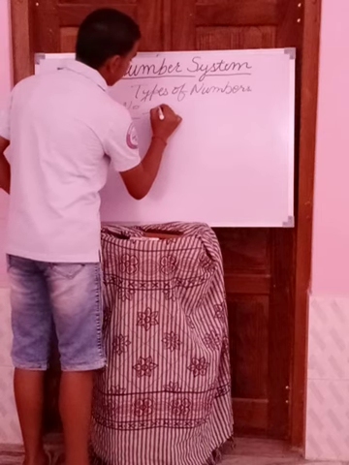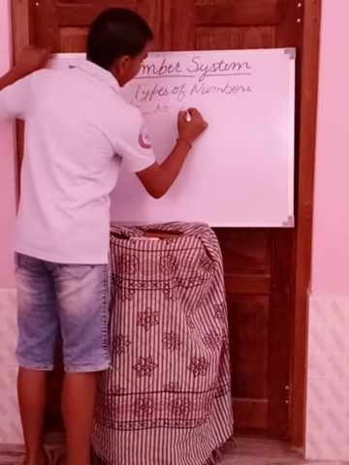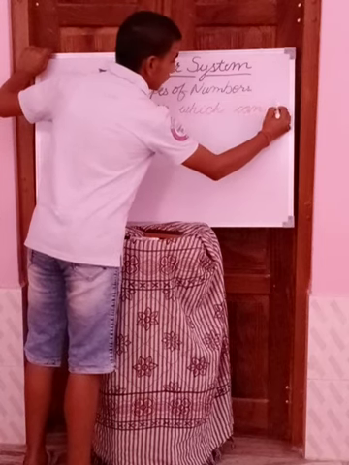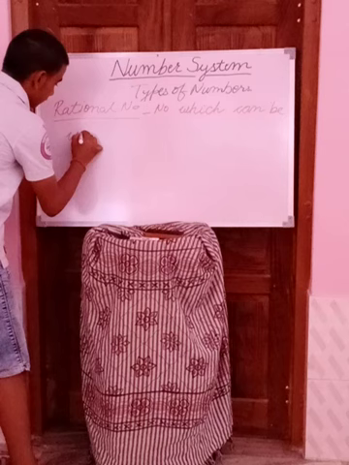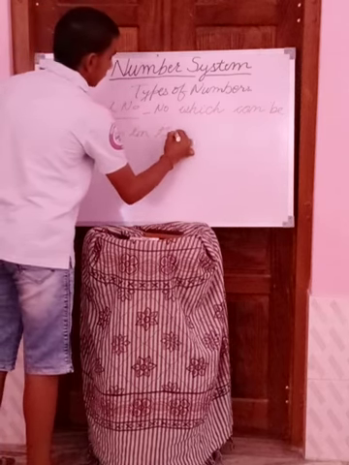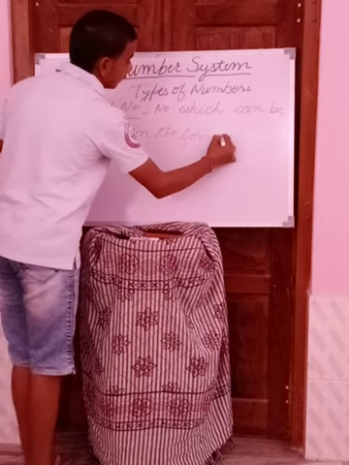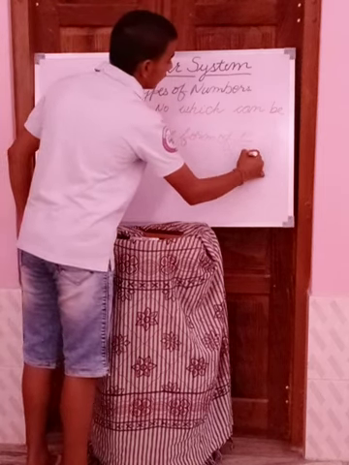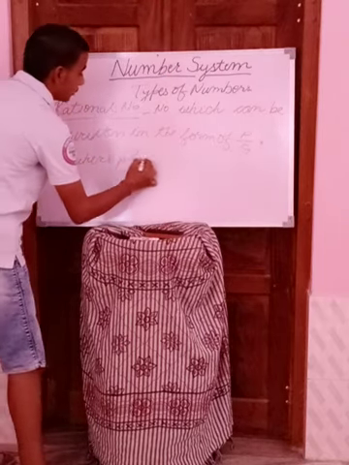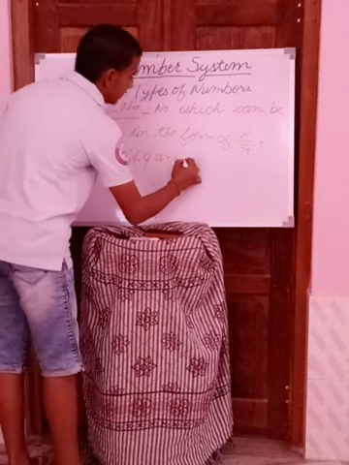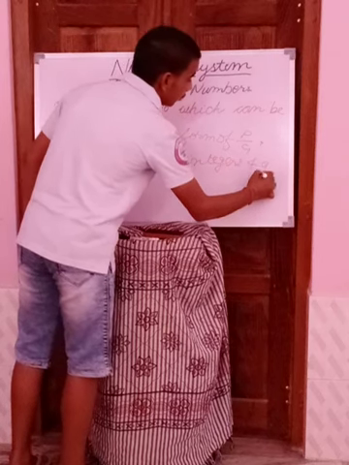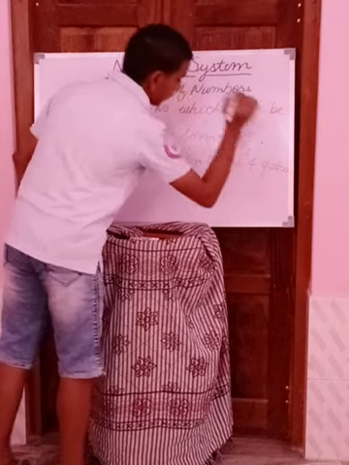Like numbers which can be written in the form of p by q, where p and q are integers and q not equal to 0.